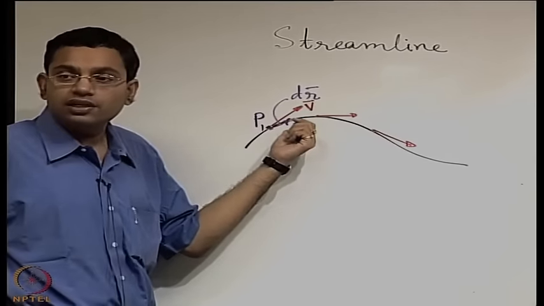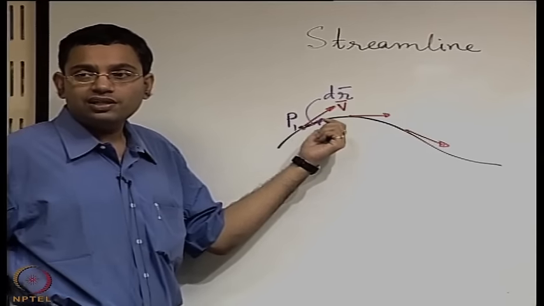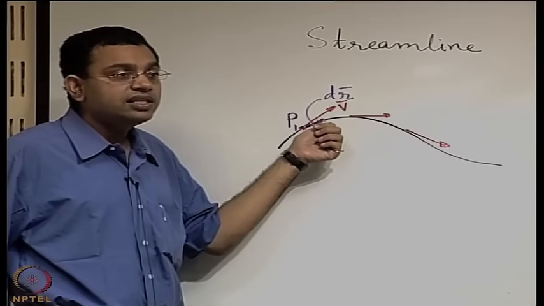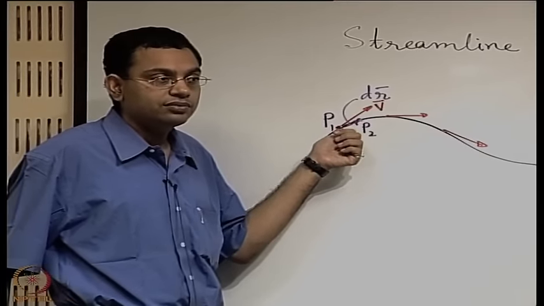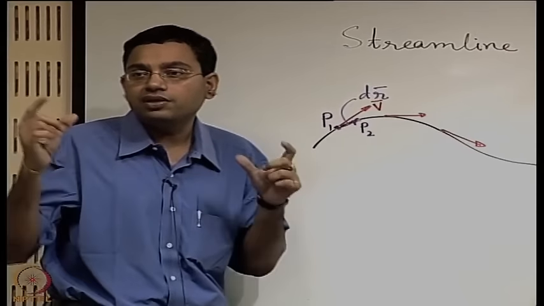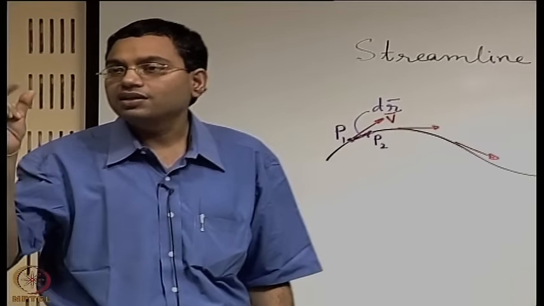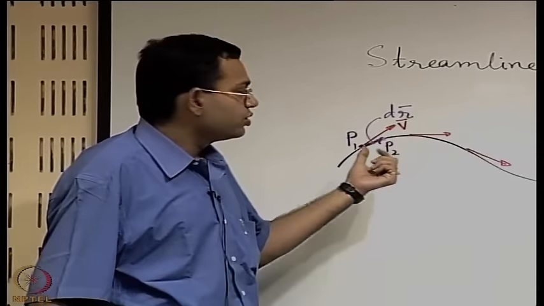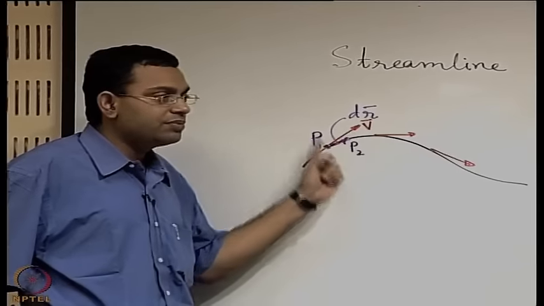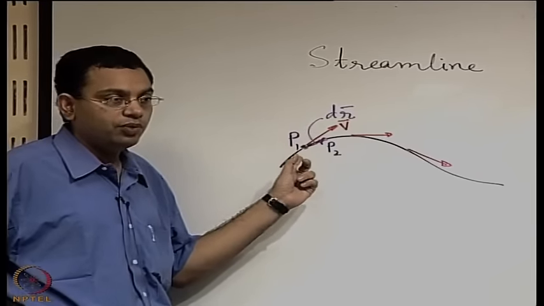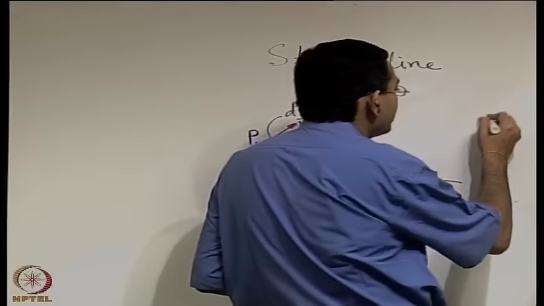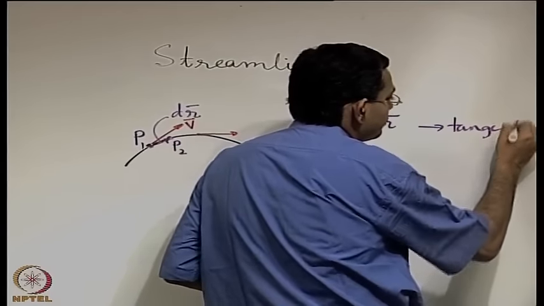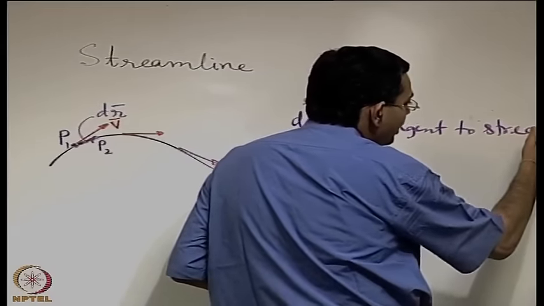They are almost coincident. When they are almost coincident, P1P2 then represents the tangent to the streamline at the point P1. What is the tangent? Tangent is the limit of a chord, in the limit as the distance between the two points becomes infinitesimal. So in the limit P1P2 becomes tangent to the streamline at the point P1. So dr in that differential limit is tangent to the streamline, at P1.